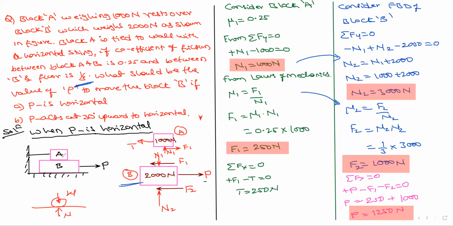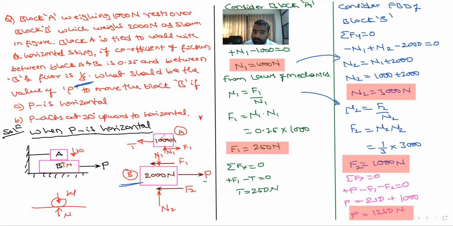So the weight of block A is acting downward, which means there is a normal reaction. This normal reaction is found from the weight. When we remove block A and take only the equilibrium of block B, the weight of A is acting on block B. It means N1 is acting downward.